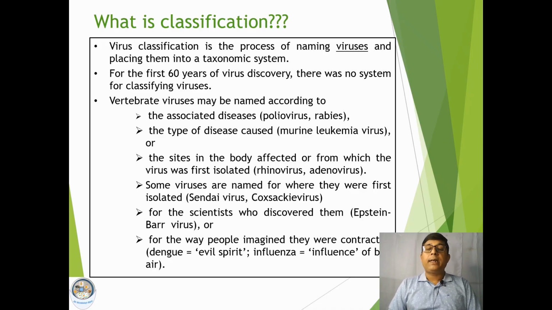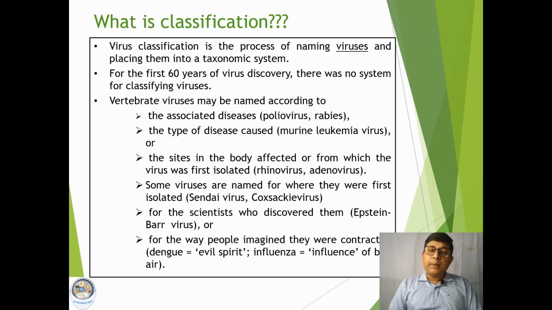Then the site of the body affected. Sometimes viruses were named according to the site of the body. For example, those viruses which mostly affect the glands were named adenoviruses. Sometimes viruses were also named after the person or scientist who discovered them, for example, Epstein-Barr virus.